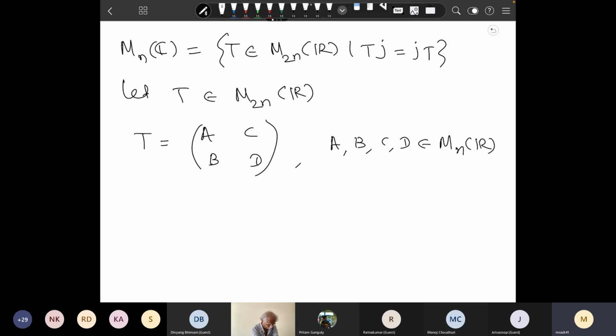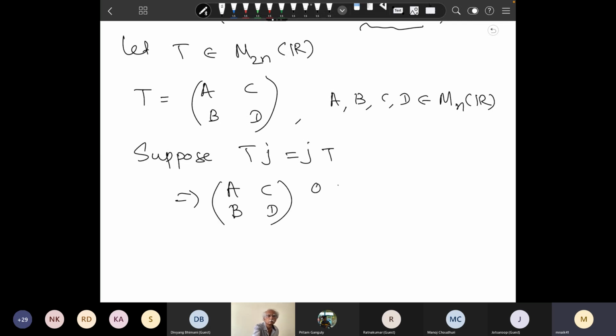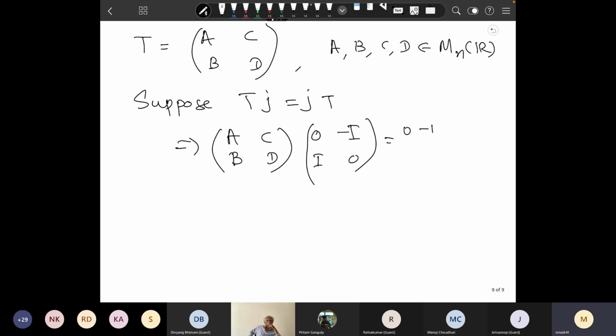Let us see what this condition TJ is equal to JT translates to. So TJ is equal to JT: [A, B; C, D] times [0, minus I; I, 0] and [0, minus I; I, 0] times [A, B; C, D].